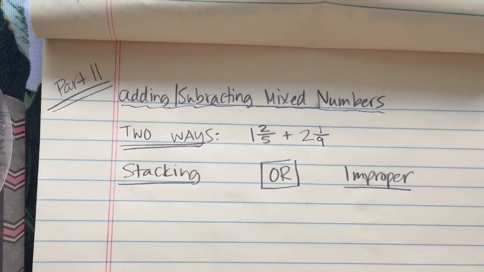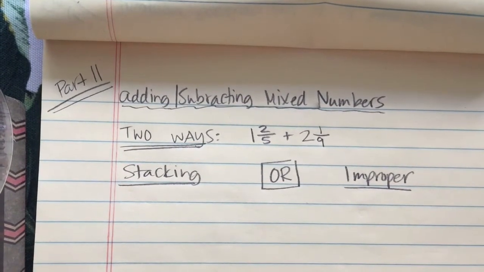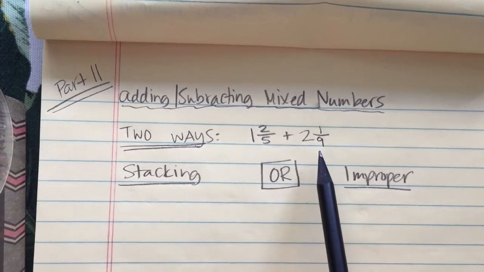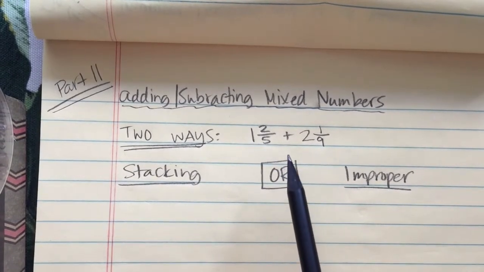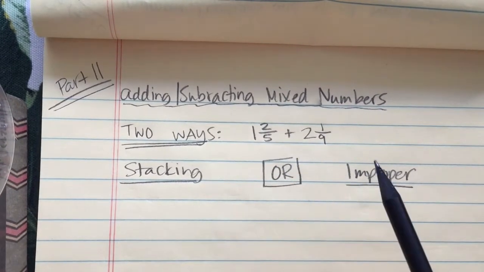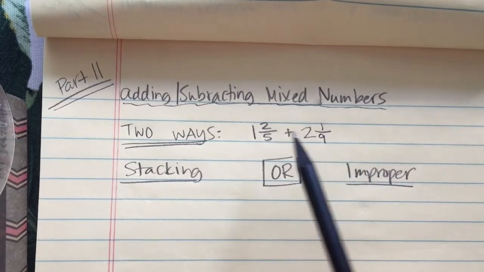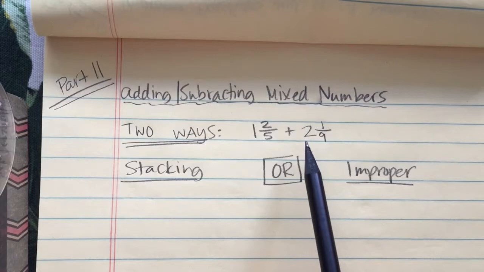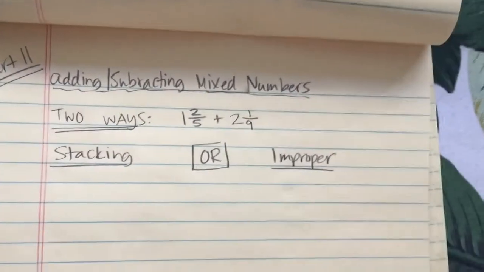When we're adding and subtracting mixed numbers, I'm just going to jump straight into when you have unlike denominators. When you have like denominators, the process is exactly the same. The denominator stays the same, and then you add the tops, and then you add your whole numbers. Let me do a real quick example.